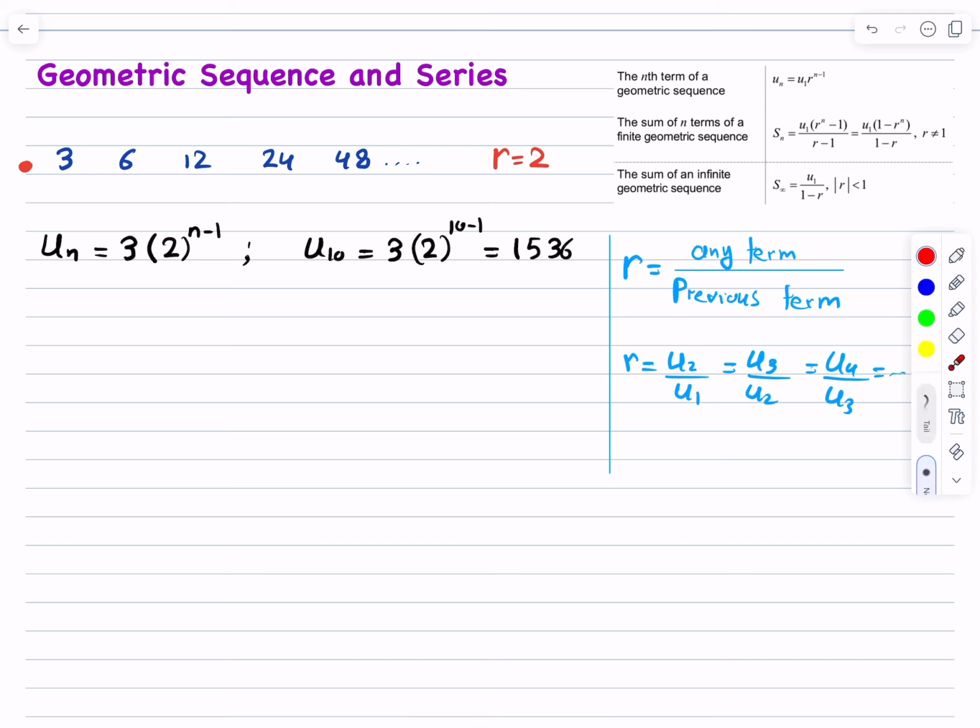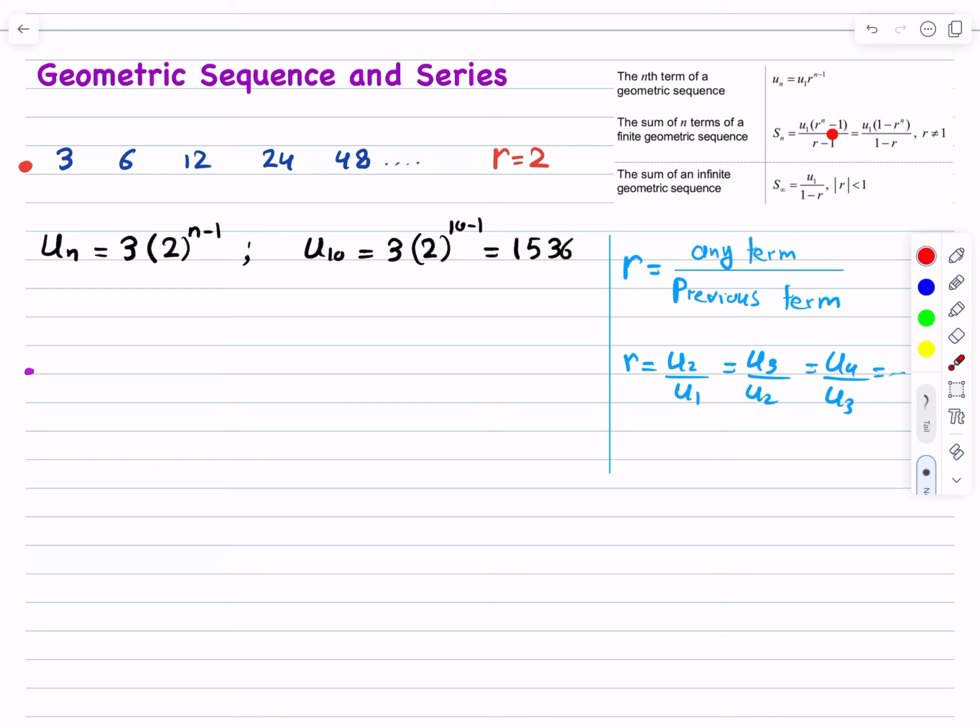Which means if we continue writing some more numbers here up to the 10th number, then the 10th number or the 10th term would be 1536.